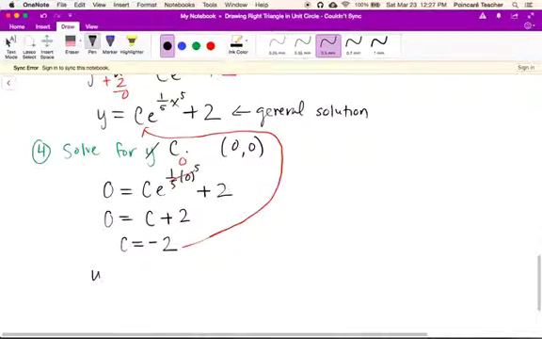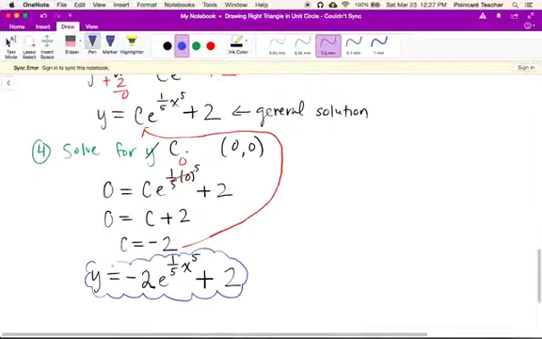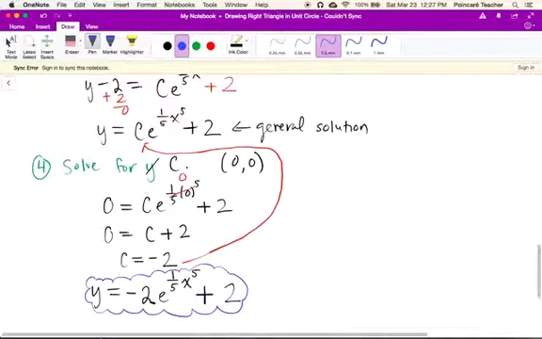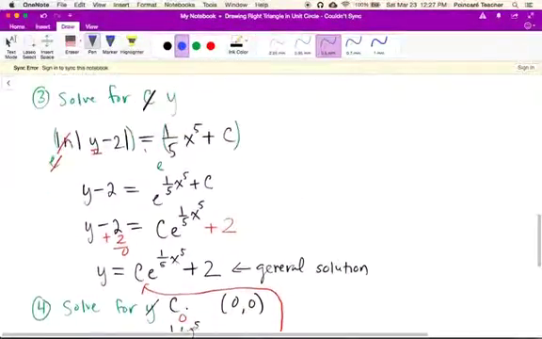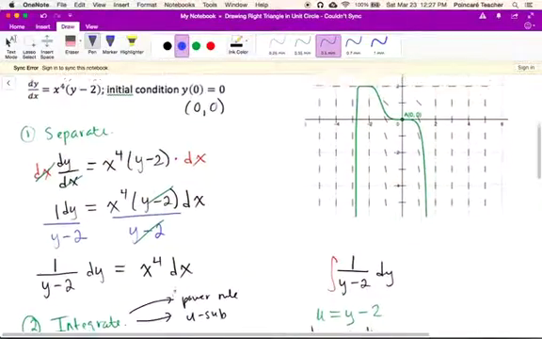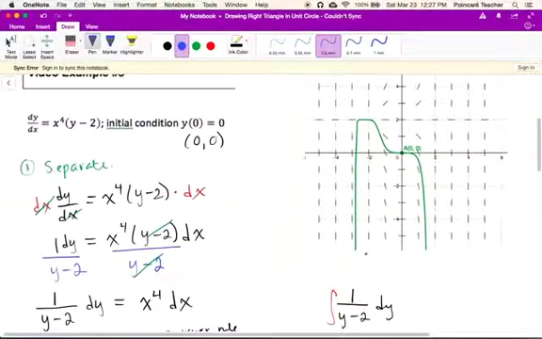Therefore, our answer is y equals -2 e to the 1/5 x to the 5th plus 2. So just to visualize this solution, going back to the slope field here, the equation that we just got is the solution. There's a graph of this function here that passes through 0, 0, which was our initial condition.